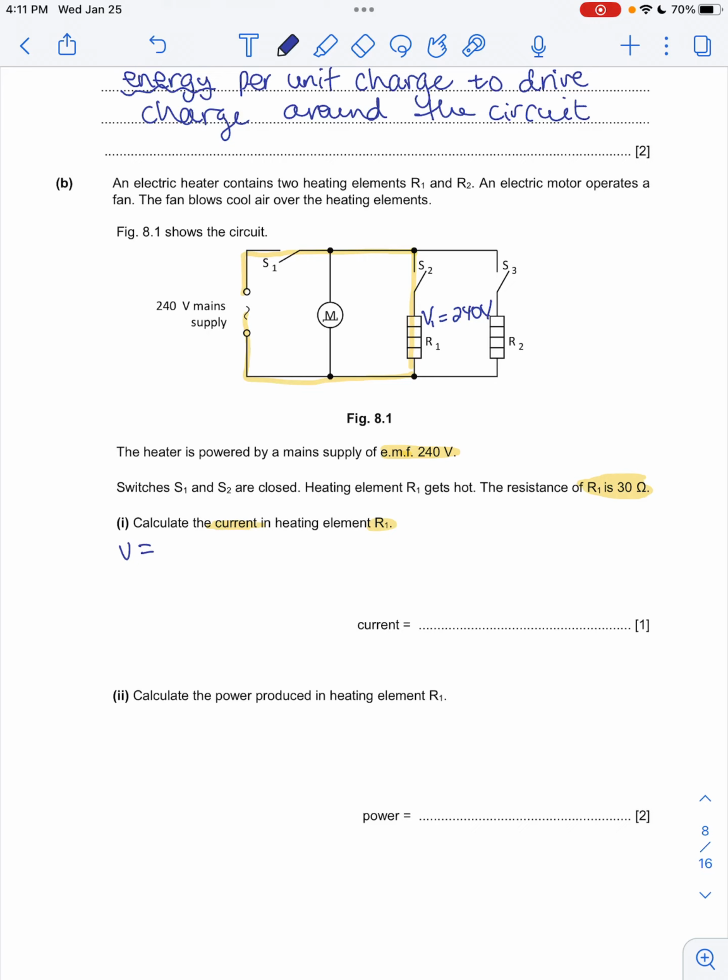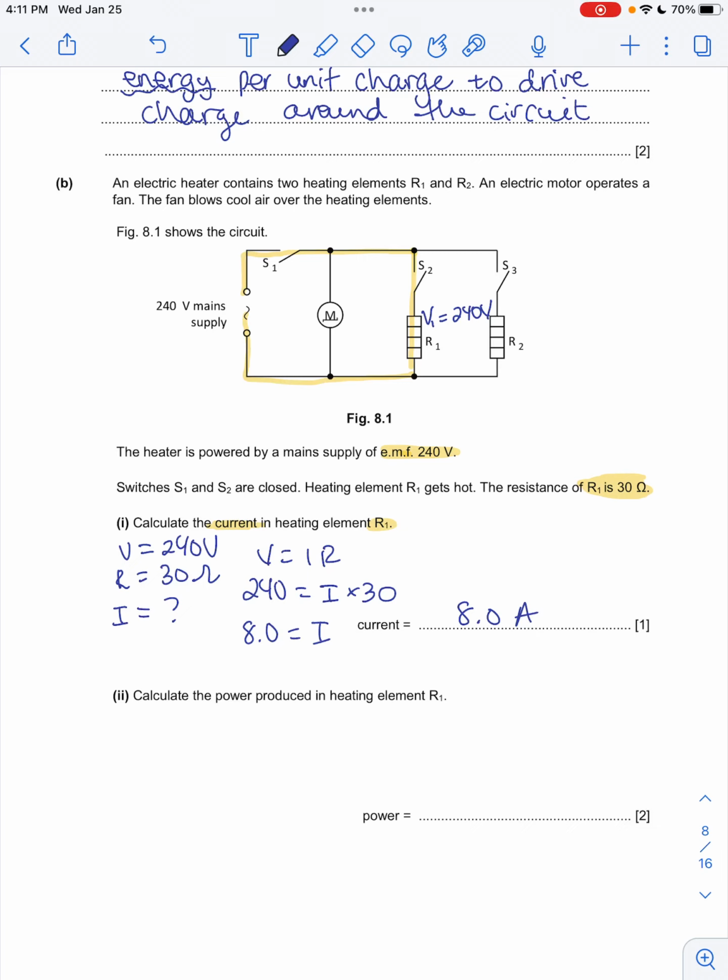So if I know my potential difference and I know my resistance, then I can very easily calculate my current using Ohm's law. So I write it down, I put in what I know, divide both sides by 30, and I get a current of 8 amps.